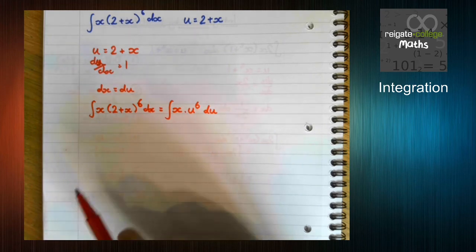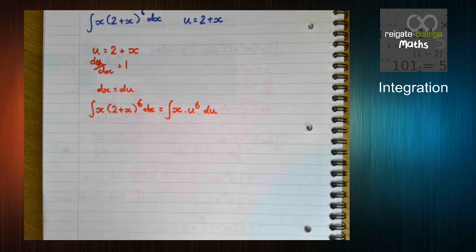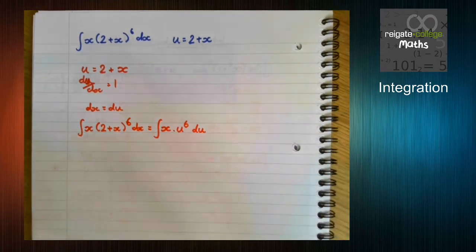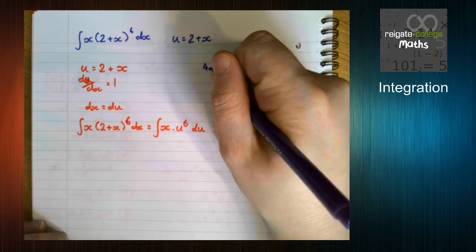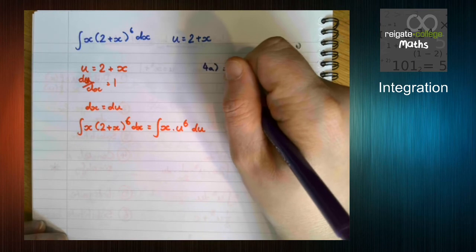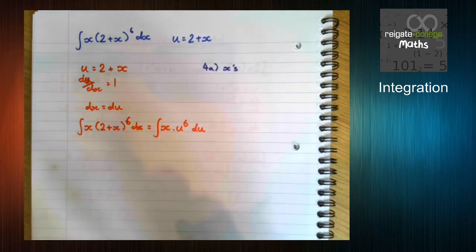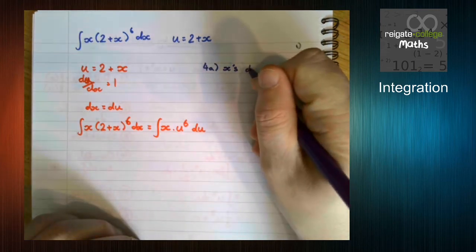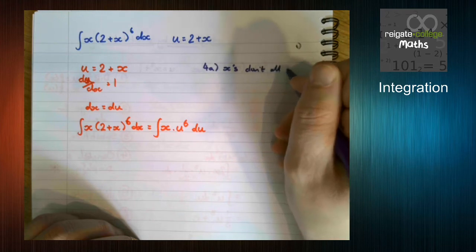So what do we have to do if things don't cancel? This is where our step 4a comes in. 4a, things don't cancel out. Let's do that in. X's, or whatever variable you're using, don't all cancel.